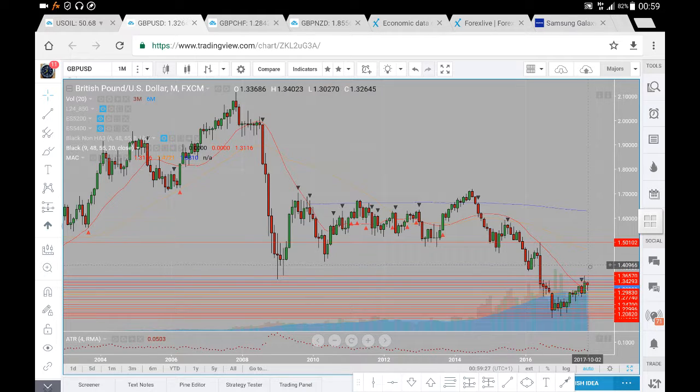So for buyers to retake the monthly open, they will have to get above 33.68, the level I've already identified on the hourly charts. So 33.68 might be a stronger area than I first anticipated, because 33.50 and 33.68 are pretty close together. It's within a 20 pip area of interest.